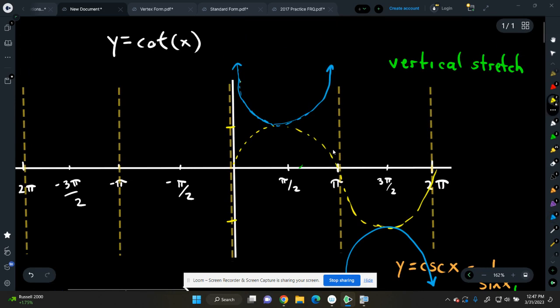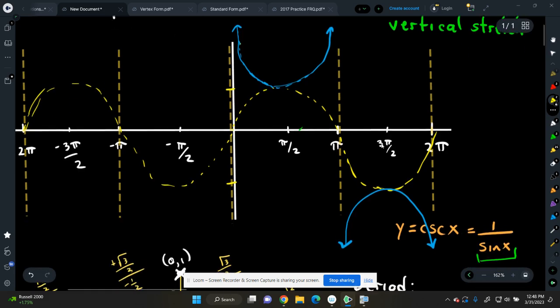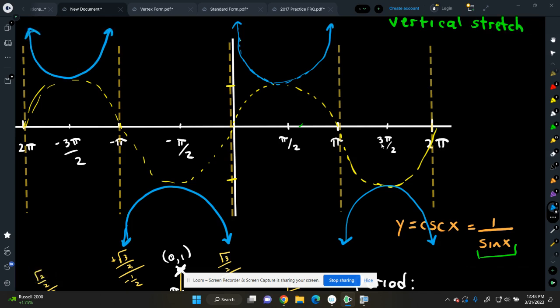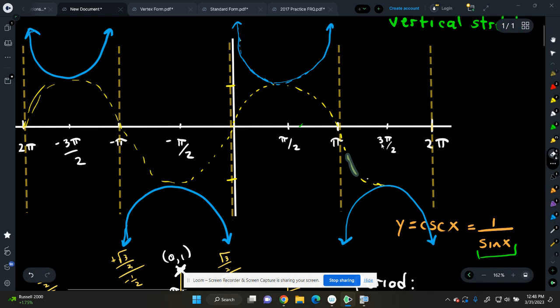So if I were to continue this sine curve over here, okay, there's my sine curve. Again, my cosecant is a U. We're going to keep the U within the boundaries of those vertical asymptotes, but it's going to touch the sine curve like that. Okay? And of course, this is actually not part of the graph, right? The actual cosecant function does not include this curve.